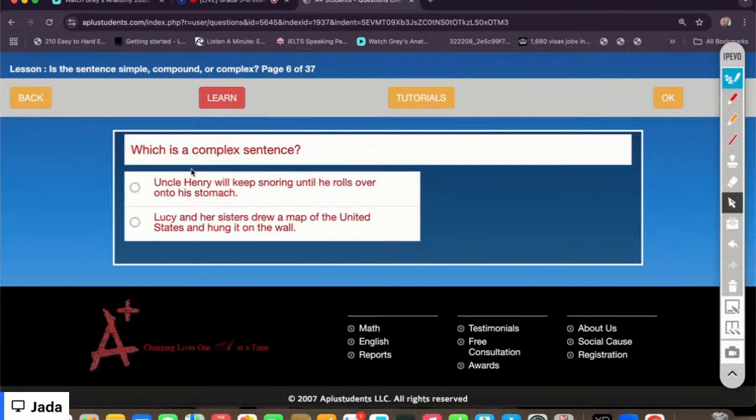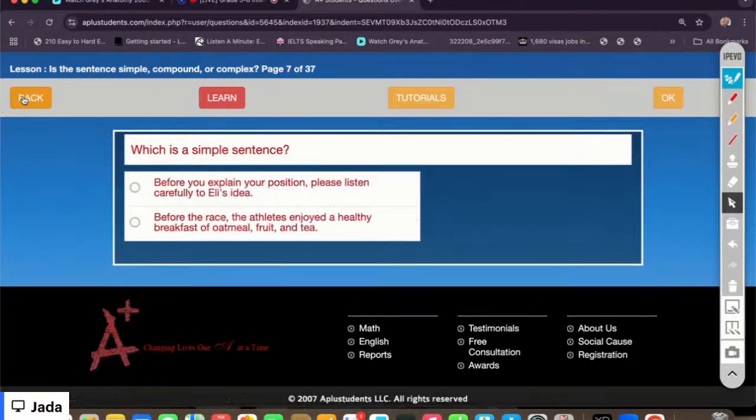All right, so which will be the complex sentence? Okay, the complex sentence is the first, because the first one has "until," and "until" there stands for the subordinating conjunction.